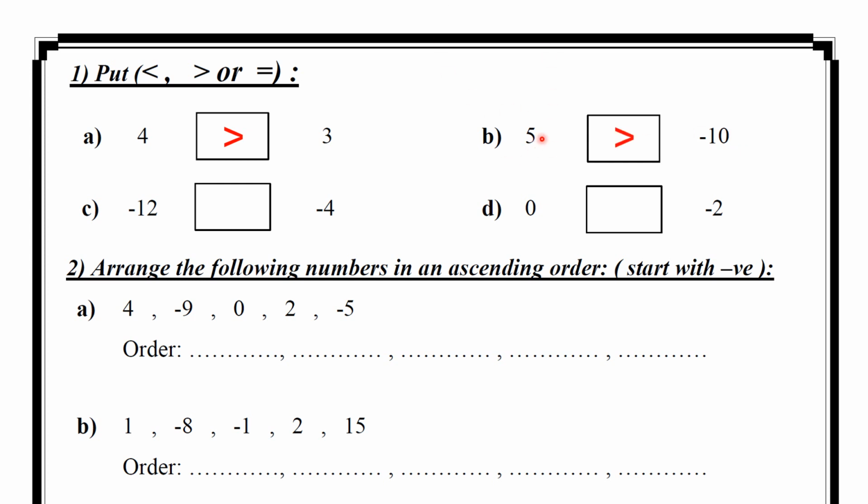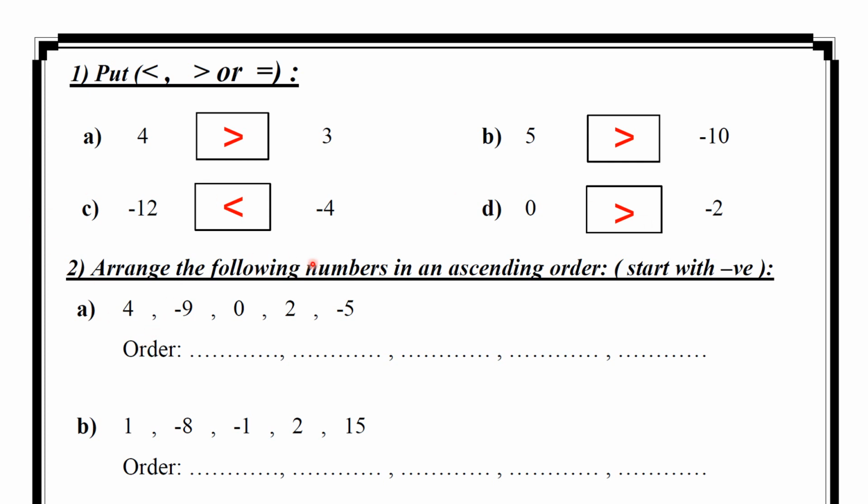The positive numbers are all the time bigger than the negative numbers. In letter C, negative 12 and negative 4. As we said before, negative numbers are crazy. So negative 4 will be bigger. Now, 0 and negative 2. As we said before, 0 is bigger than all the negative numbers. So the 0 will be bigger.